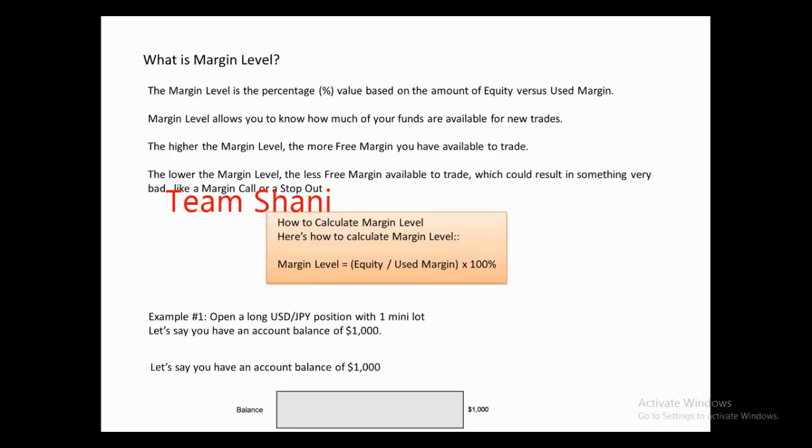To calculate margin level, you have a simple formula, which is your equity divided by the used margin. Whatever your equity is, and whatever margin is consumed by the open positions, you divide it and then multiply by 100, which gives you the margin level.